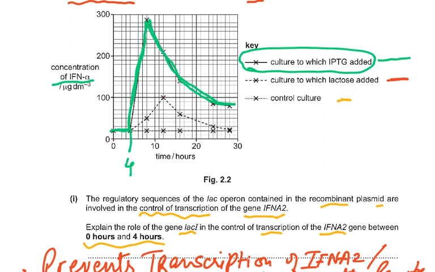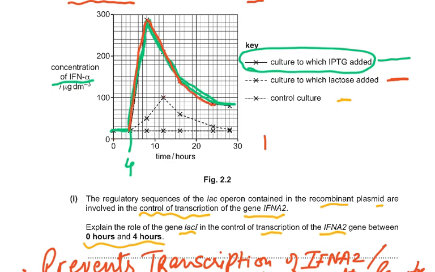Then it increases immediately after addition of IPTG. You can see there is an immediate increase. And then the concentration of IFNA decreases more rapidly from 8 hours to 16 hours. And then from 16 hours to 22 hours.